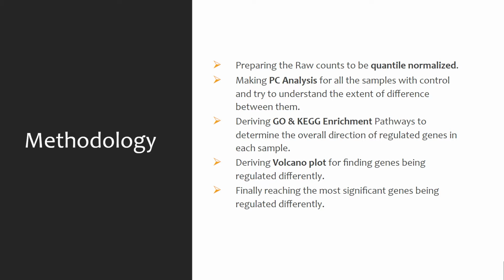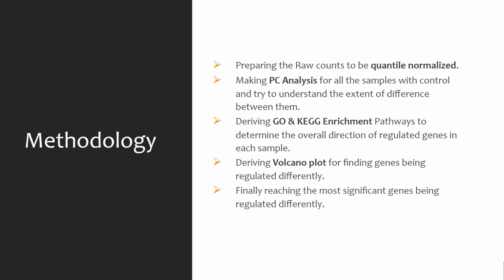After that we analyze all the raw counts and do a PCA analysis for all the different samples and sets under different conditions. We compare all those variants separately and together with the wild type to get a better idea of what's happening with all those different variants.